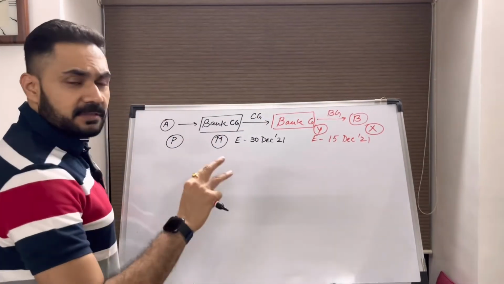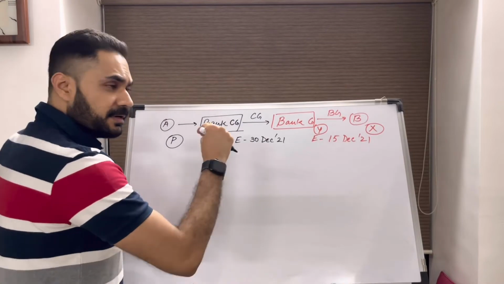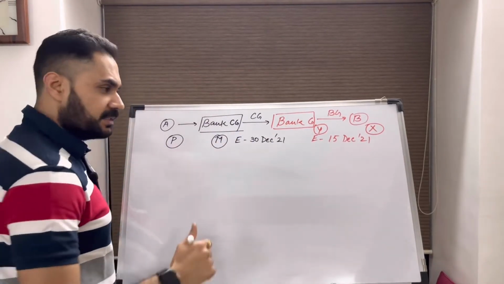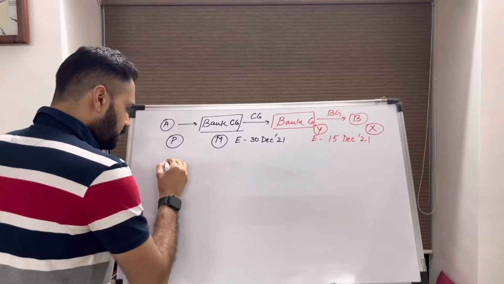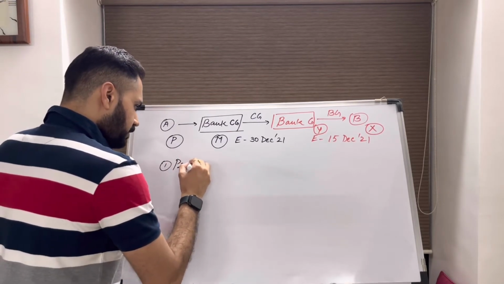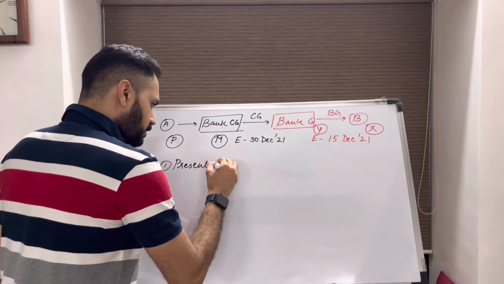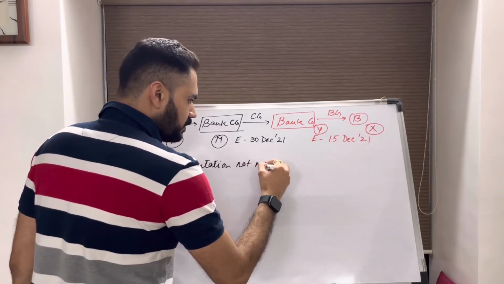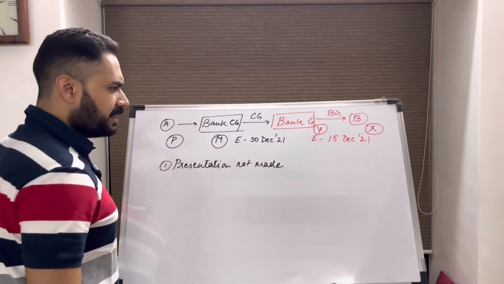Now we will be having three conditions. Right now we are dealing with case wherein the force majeure happens at guarantor's end. First, presentation not made.